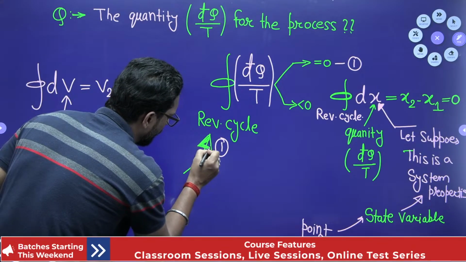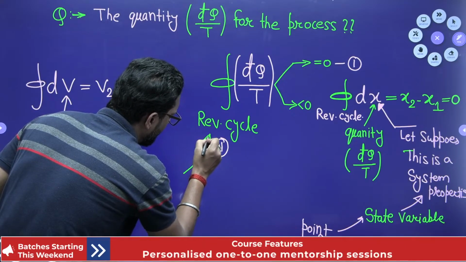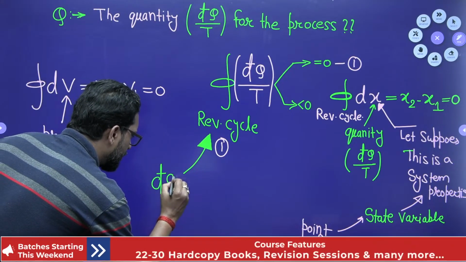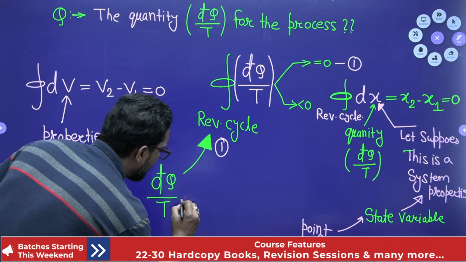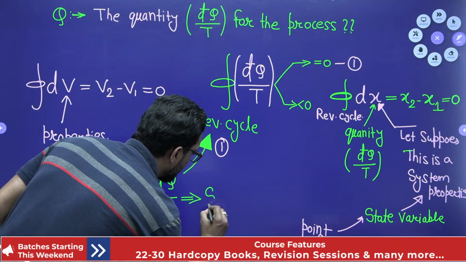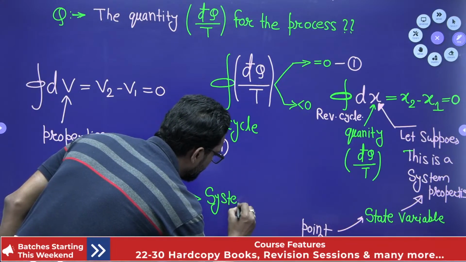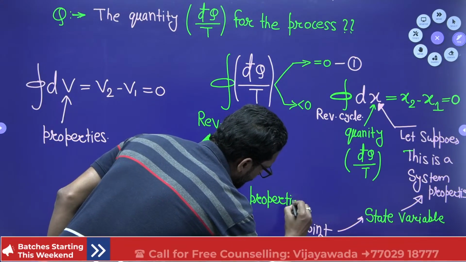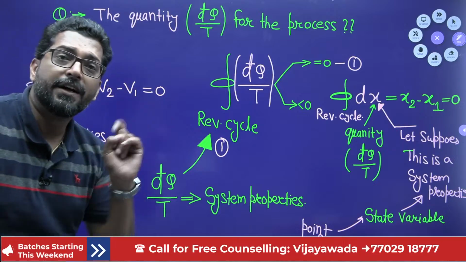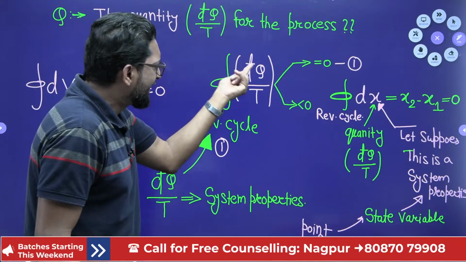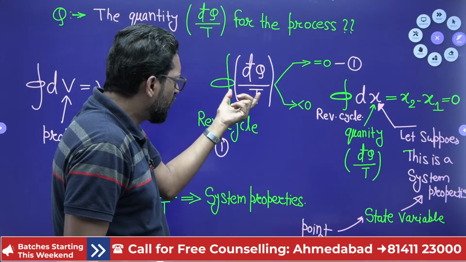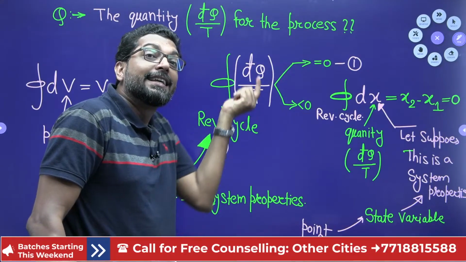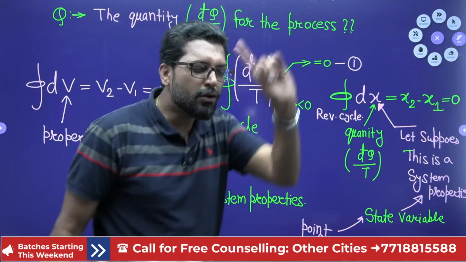Very important, I'm telling you, in a reversible manner, this quantity dq by T is a system property. But if the cyclic integration of dq by T is less than 0 when there is an irreversible cycle, in that manner dq by T is not a system property.